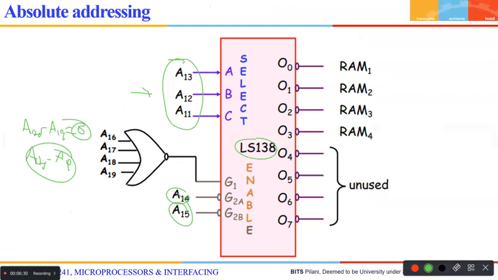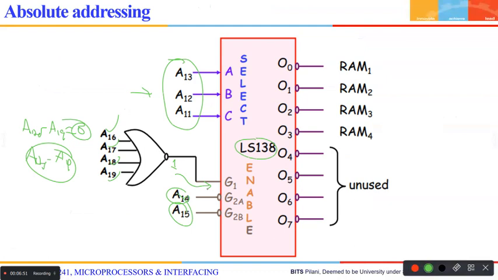Now you have to enable G1. Use the remaining address lines. What are the remaining address lines? A16, A17, A18, A19. But those are 0, right? How do you make it 1? Use an OR gate. So all these are 0, 0, 0, 0, and a 1 will come here and G1 will get 1.